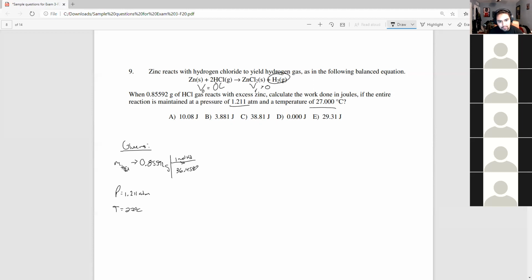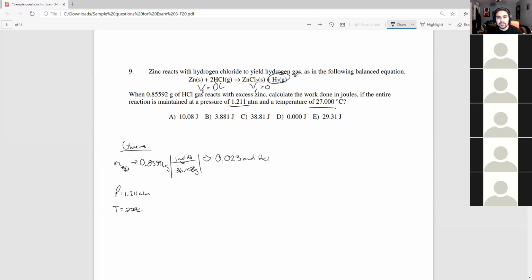36.458 grams. And then how many moles would I have then? 0.023 moles of HCl.